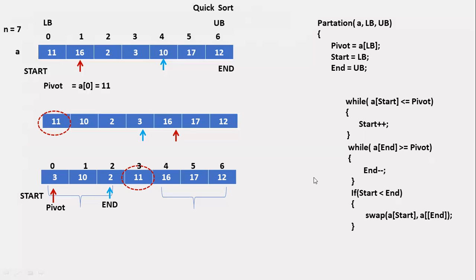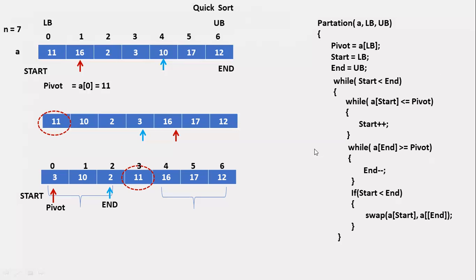So we have to add one more loop, that is while loop, start less than end, like this. So until the start value is less than the end value, we are going to perform this particular process.